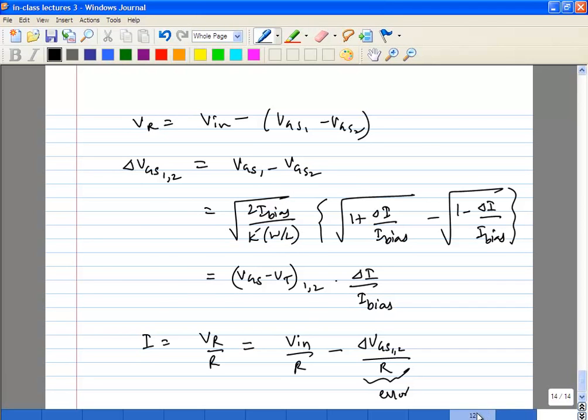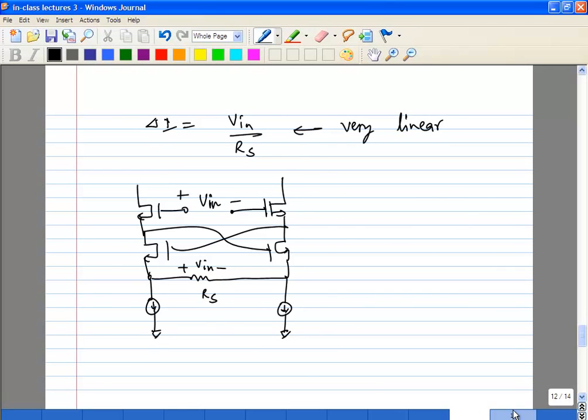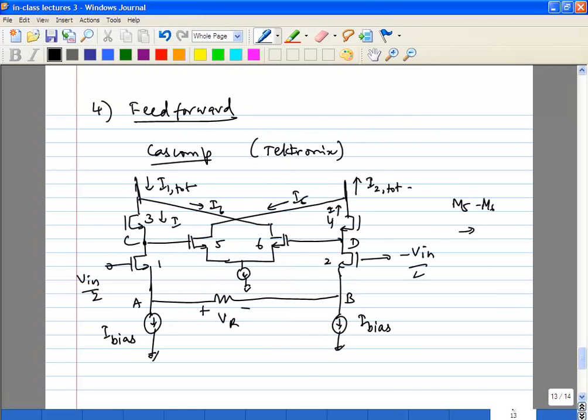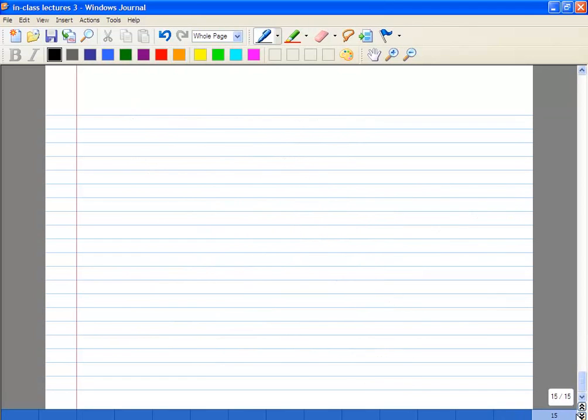What else do we know? Oops, sorry, it's next guy. We also know the voltage gain from, let's say, the positive input to C is approximately -1. And same thing on this side. So you know the voltages at C and D approximately. So let's write that also. So this is Vc and Vd.